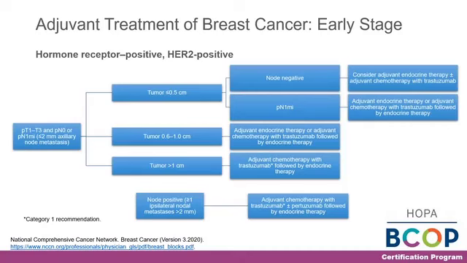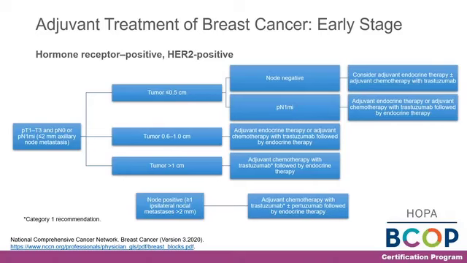In our hormone receptor positive, HER2 positive patients who have breast cancer, the recommendation for chemotherapy and/or biotherapy followed by endocrine therapy is dependent, again, on the size of the tumor and the status of node positivity or negativity.